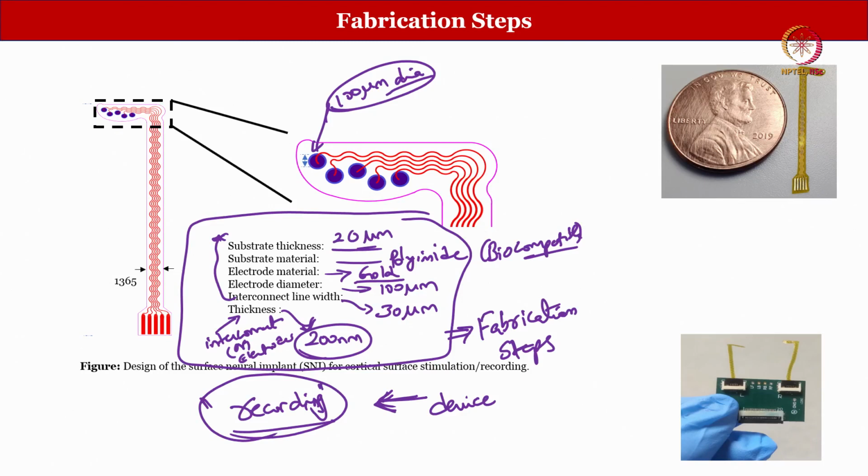And if you look at this, this is what I have fabricated here at IISc, thanks to the facilities that are available. These dots that you can see highlighted here, follow the arrow, those are all electrodes.